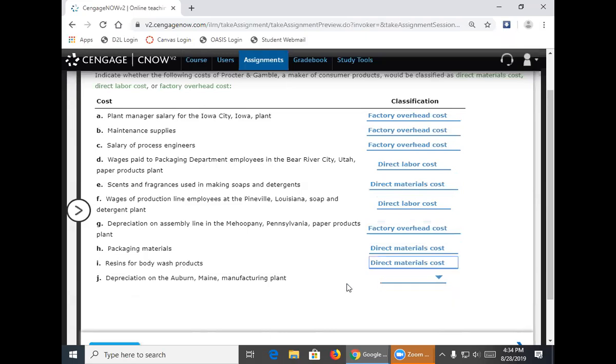And then depreciation on the manufacturing overhead. Again, it gets a little tricky, but usually if it's any type of maintenance or janitorial or anything like that tied to the factory, it'll be overhead, as well as utilities like lights, gas, electric. All of that would be factory overhead.